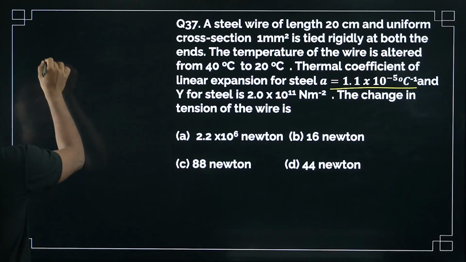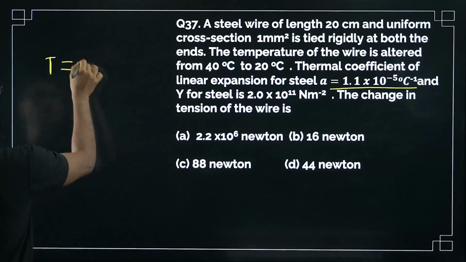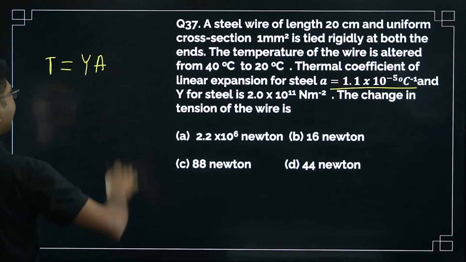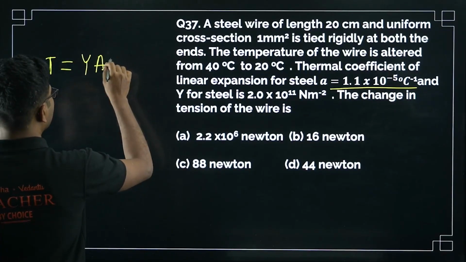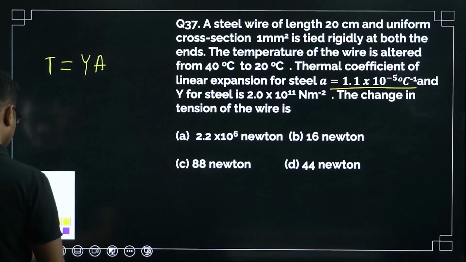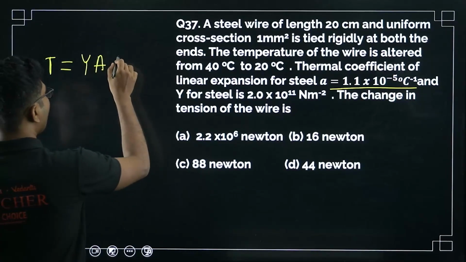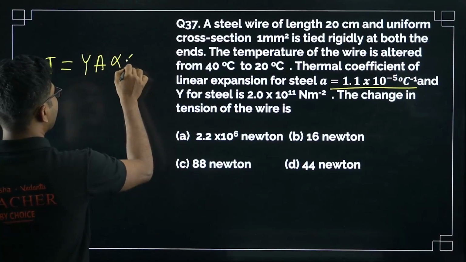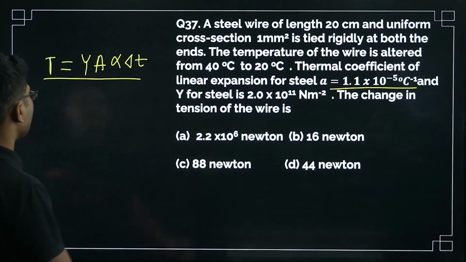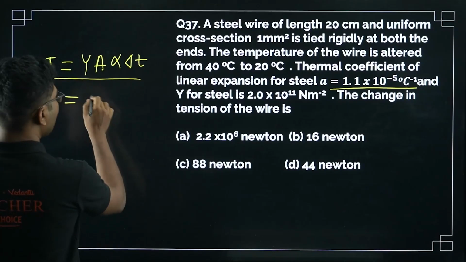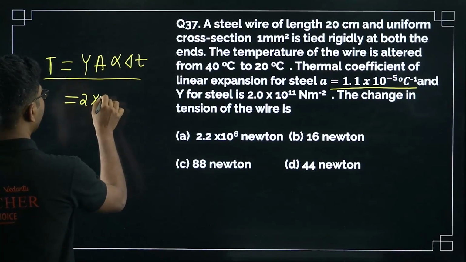So the change in the tension of the wire is given by Y into area into alpha into delta T. This is the simplest formula. If you remember it, it will help you a lot. So Y is given here as 2 into 10 to the power of 11.